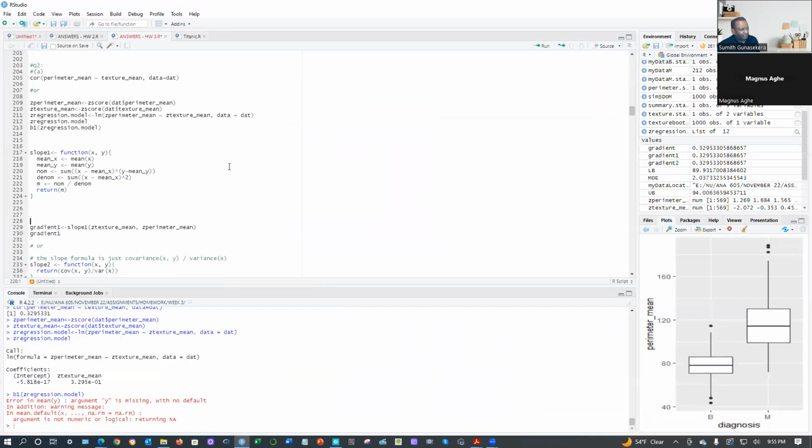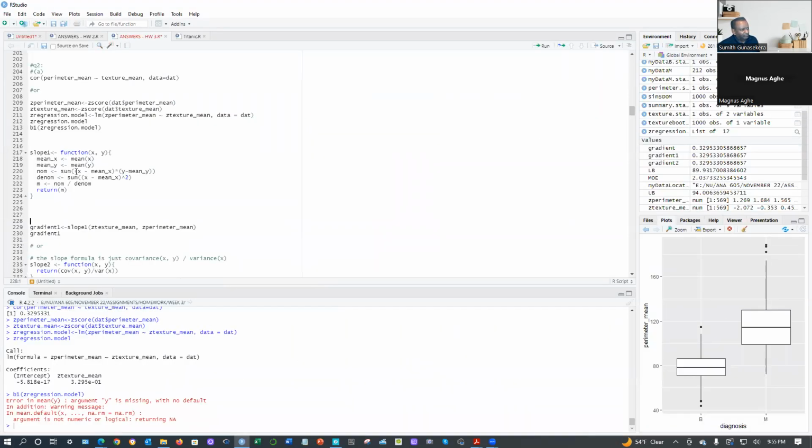It wasn't working over there, then I used this one. Sum of x minus x bar. Go to the function. You create your own function. I call that one slope 1. It's the slope 1 function. You give the parameter.